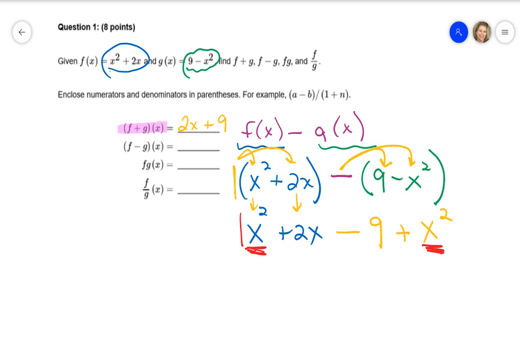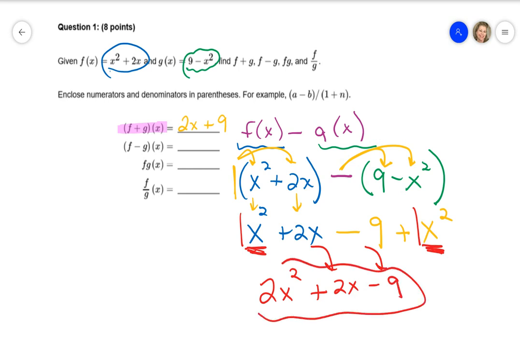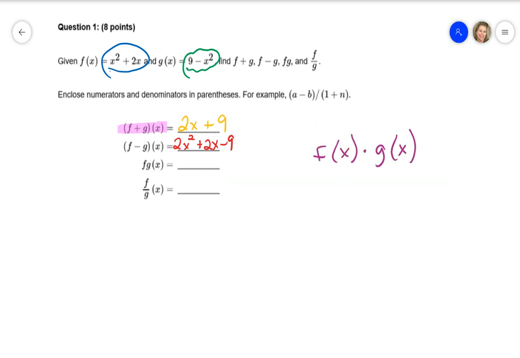I've got 1x squared at this end and 1x squared at that end, so I've got 2x squareds. And then I still have this plus 2x and this minus 9. None of those are like terms. So that's my final answer, which goes here, 2x squared plus 2x minus 9. So that's adding and subtracting.